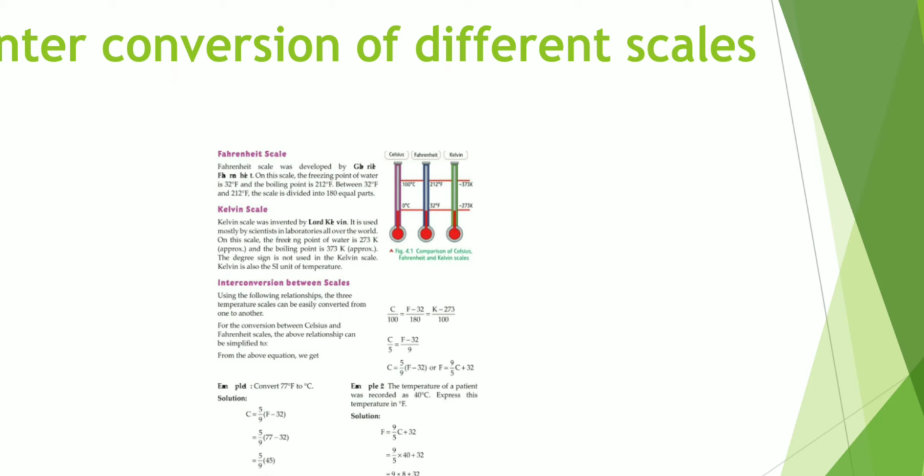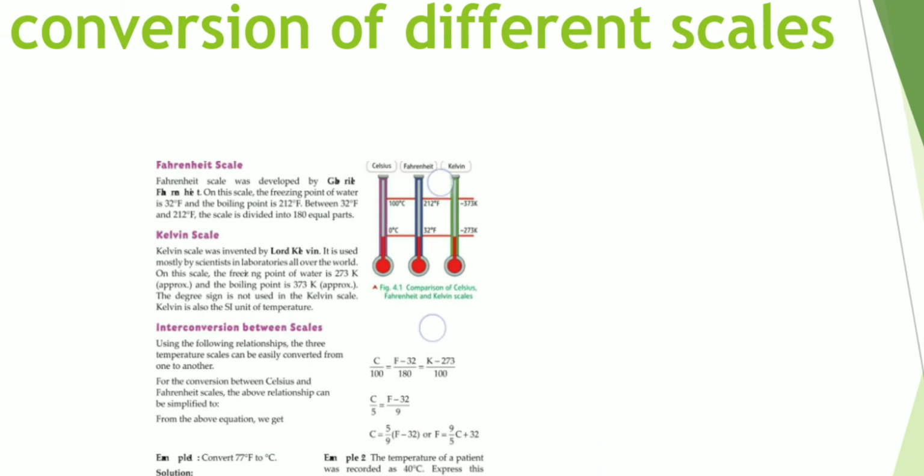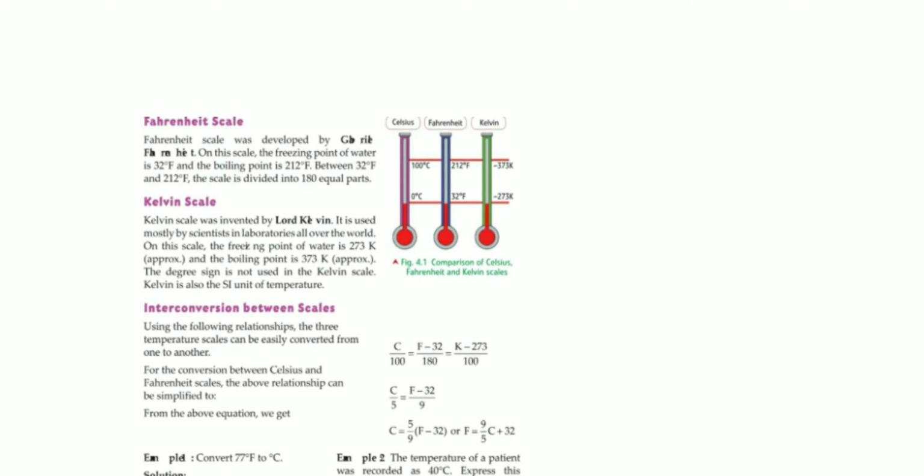See children, it's given here C by 100. Why? Because boiling point of water is 100 degrees C and freezing is 0 degrees C. So subtracting these two points, that is boiling point and freezing point, we will get 100 points.